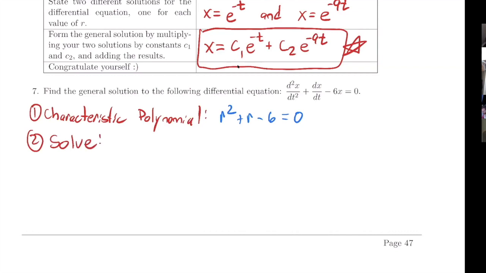Okay, then we solve that. That's going to involve factoring or the quadratic formula. So here we would get r plus 3 times r minus 2 is equal to 0. So we've got solutions of minus 3 and 2 for r.